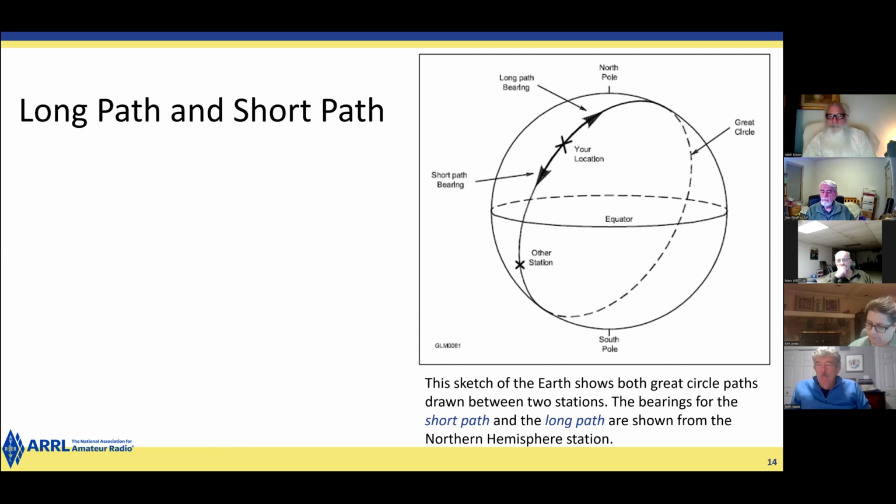And on a flat map, on a projection that you're used to seeing, it will be a curve.